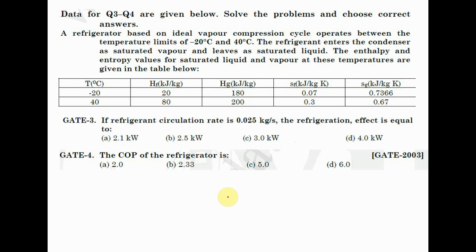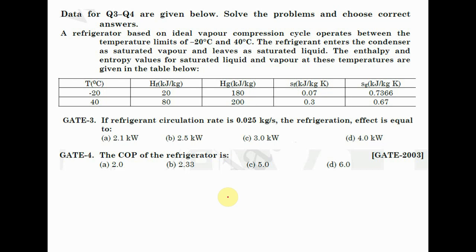If you are not aware of how the vapor compression refrigeration cycle works, its theory, its questions separately, I have already created videos on vapor compression refrigeration cycle, actual vapor compression refrigeration cycle, numericals on vapor compression refrigeration cycle, Bell-Coleman cycle, and psychrometry. You will find the direct video links in the video description.